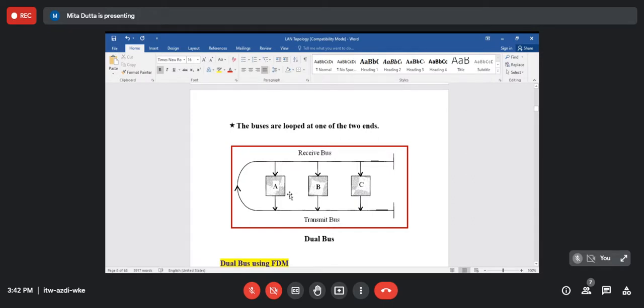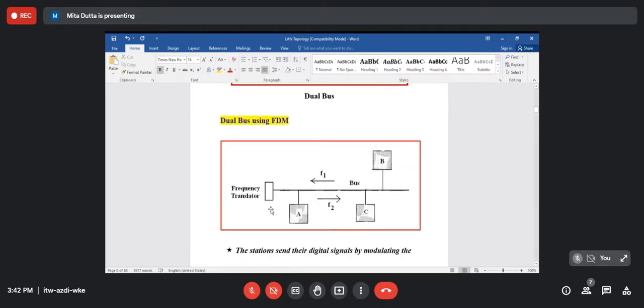And also this dual bus uses FDM, that means it uses two carrier frequencies, one for transmission and another for reception. And we have a frequency translator at the other end. If F1 is the transmitting frequency, F2 will be the receiving frequency, or F1 is translated to F2 with the help of the frequency translator.